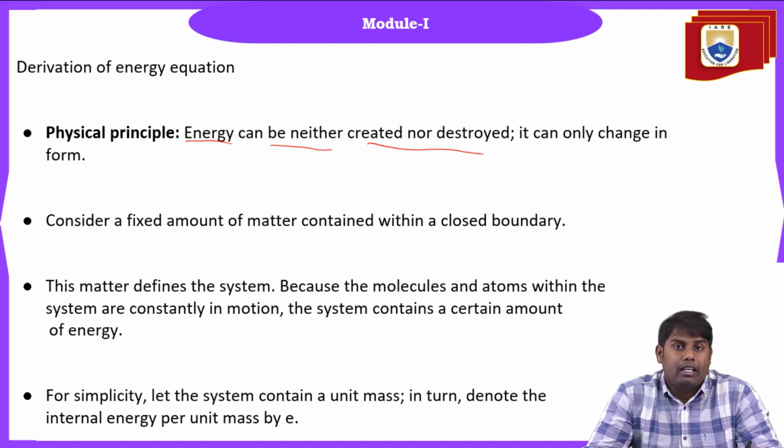Here it is neither created nor destroyed. We are just utilizing the potential energy of the water falling from a certain height and changing it from one form to another. That's the difference.